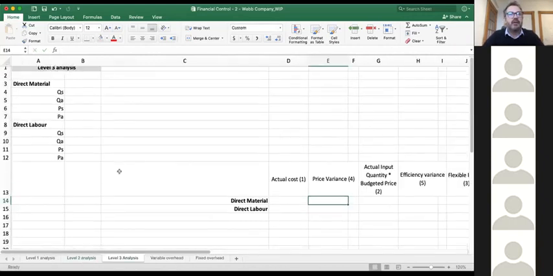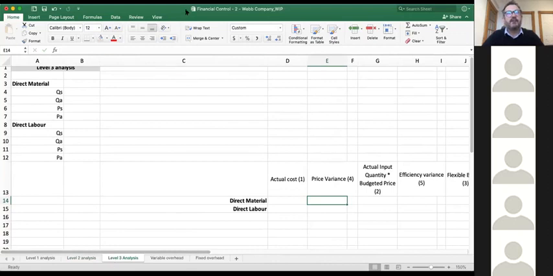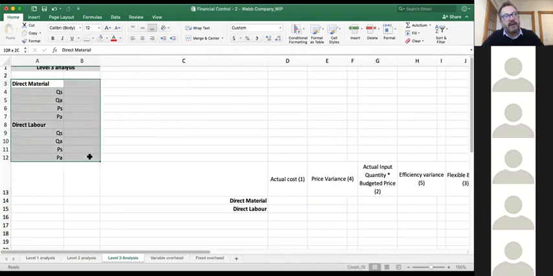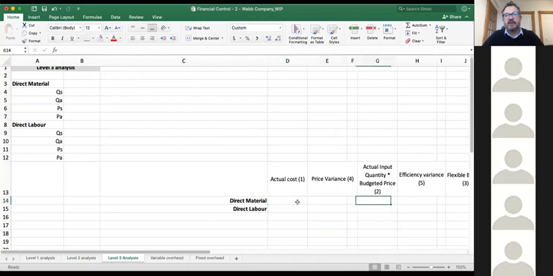So I'm going to level 3 analysis, which is the next step of your calculation. And so my advice is that you should always firstly do this. Identify QS, QA, PS, PA. Okay.